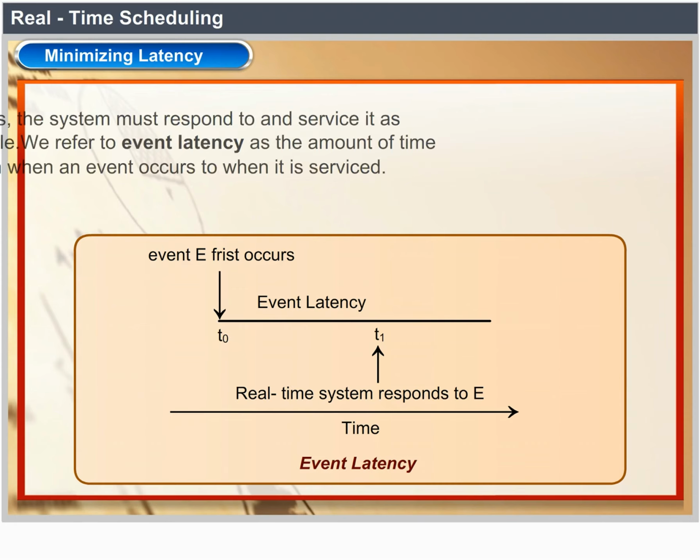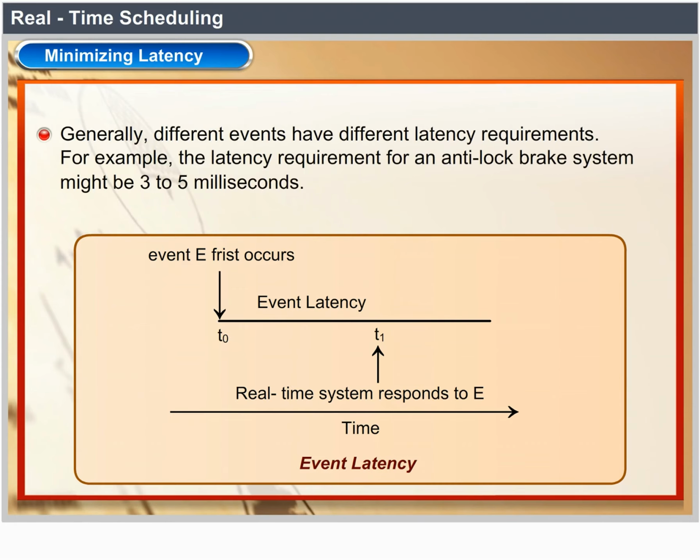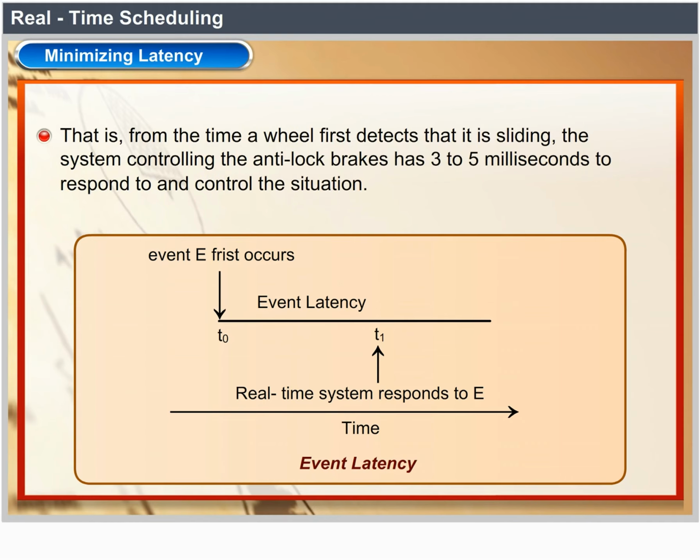Usually, different events have different latency requirements. For example, the latency requirement for an anti-lock brake system might be 3 to 5 milliseconds. That is, from the time a wheel first detects that it is sliding, the system controlling the anti-lock brakes has 3 to 5 milliseconds to respond to and control the situation.